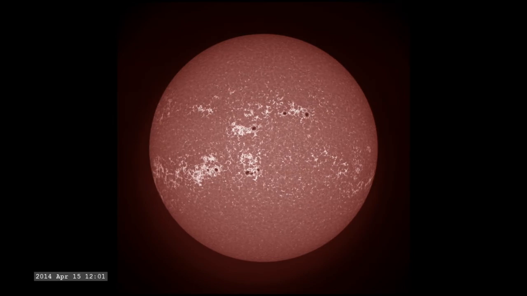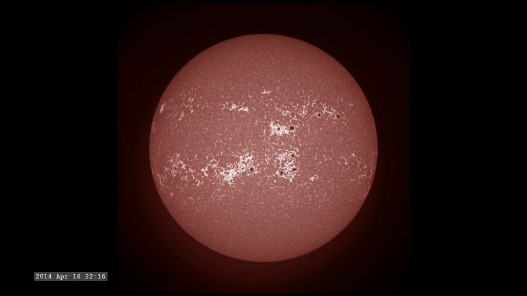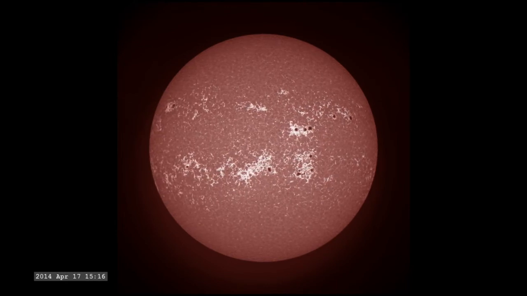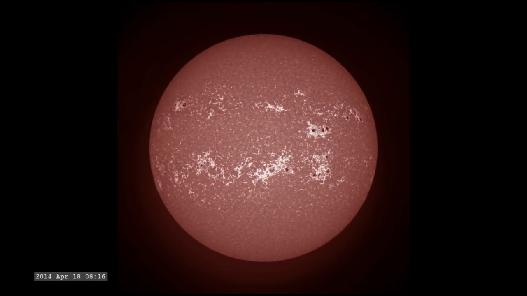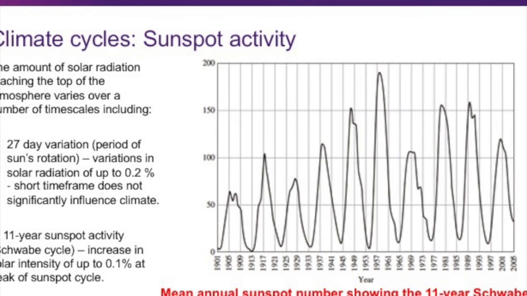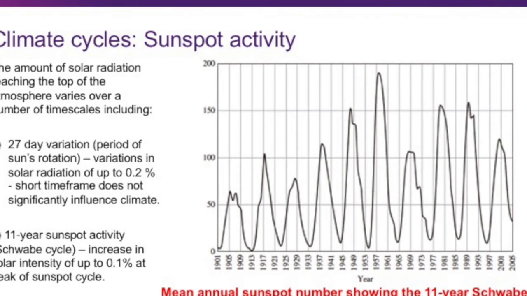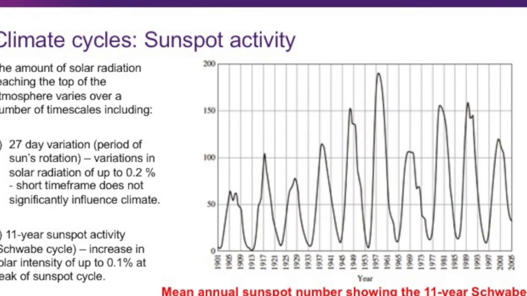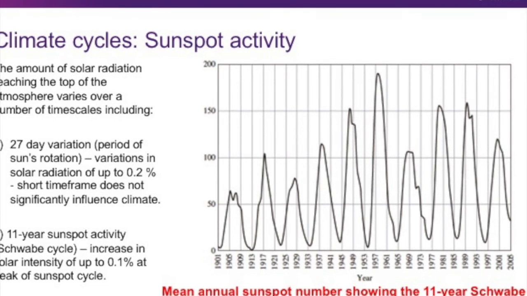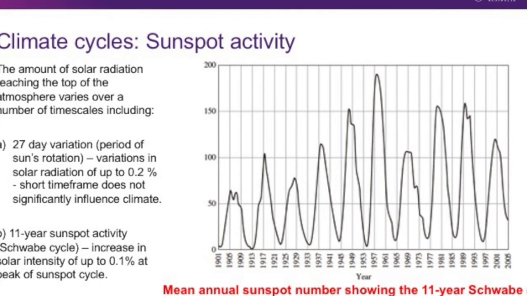There are darker and brighter areas on the solar surface that cause variations of up to 0.2% in the total solar radiation reaching the Earth over a 27-day period. So we have this 27-day cycle, and then we have another important cycle. The 27-day period occurs so rapidly that it is not particularly important to determine average global climate.